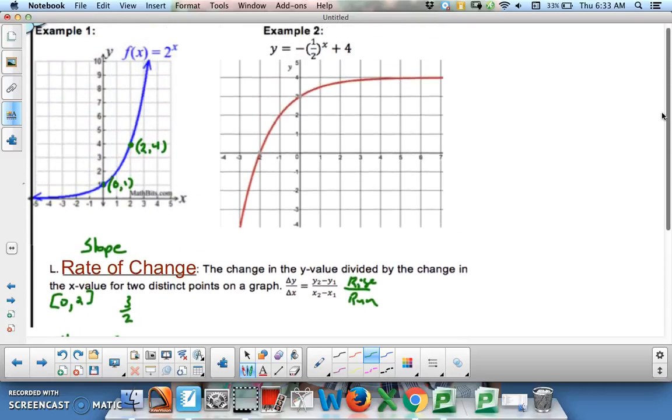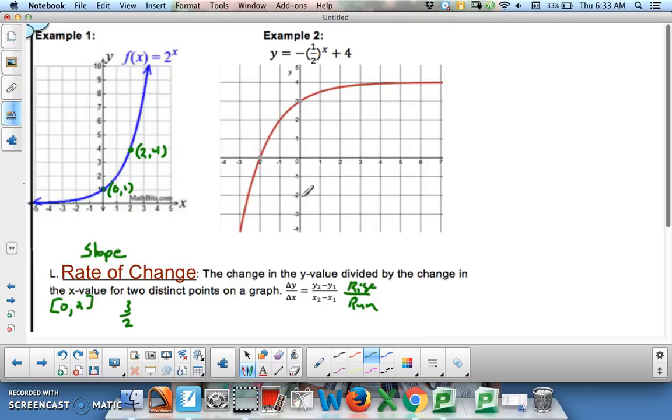Normally we'll give you the interval, so don't think you're going to have to do this part, but let's go from -2 to 3. The slope from -2 to 3, I am going up 1, 2, 3.